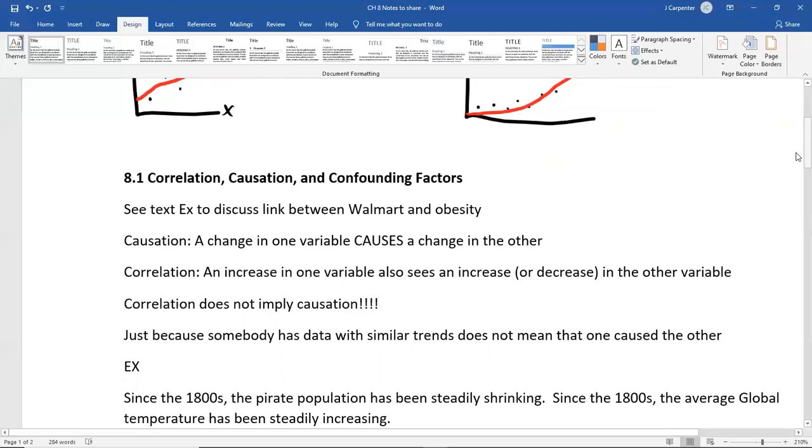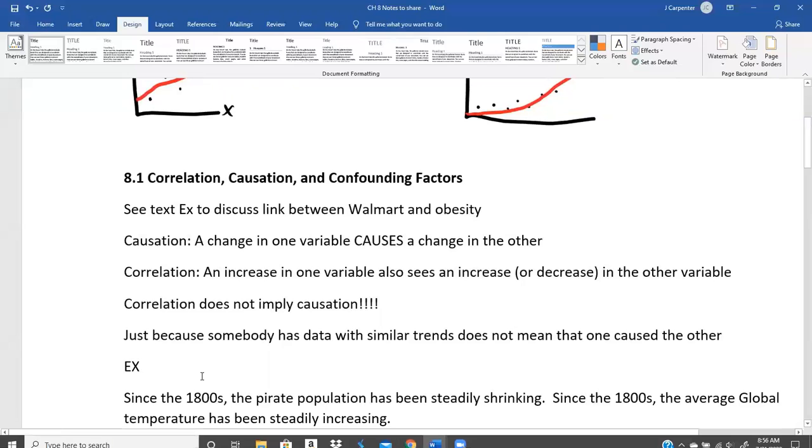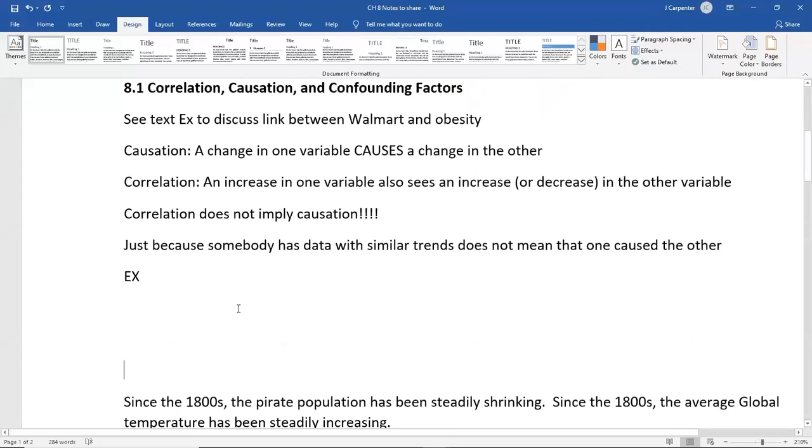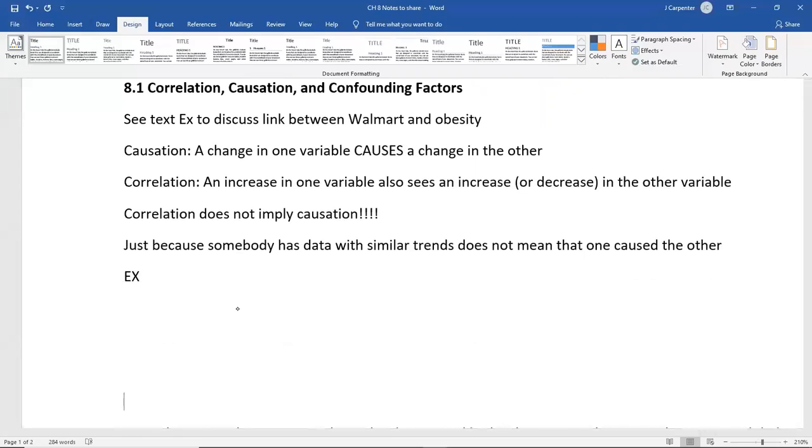Since the 1800s, the pirate population has been steadily shrinking. Fact. We've become more civilized. Not a lot of people are just sailing the open sea constantly, but they still are out there. They're a very, very small subset of the population compared to what it used to be, in the 1700s, 1800s. I don't know if it's a linear trend or an exponential trend.